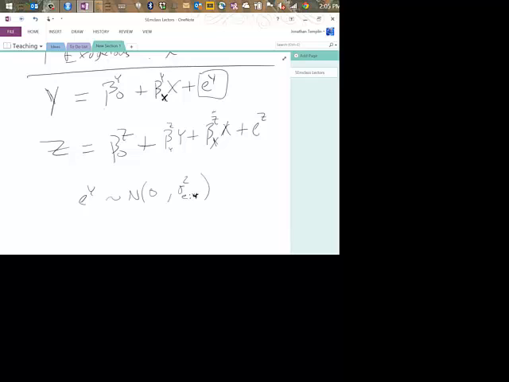So what we're saying here with E is it's got a variance, and we don't know what that is.